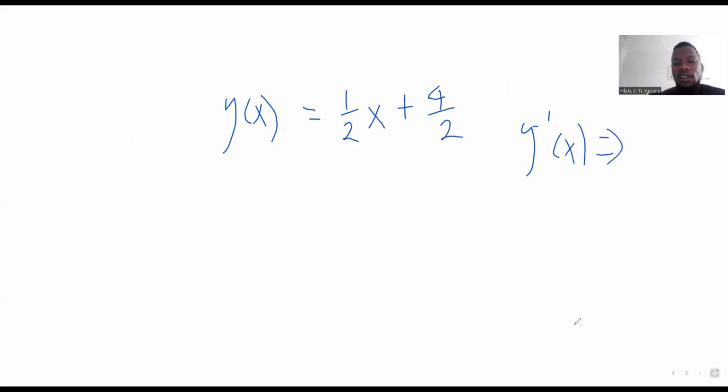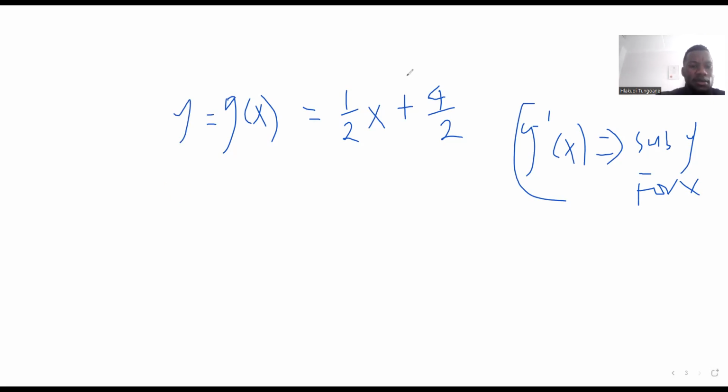So this implies that we sub y for x, and then you rewrite. When you see x, you substitute y, and then you rewrite the equation. Remember the g of x is the same as y equals to this. So you replace y by x, and then you have 1 over 2, where is x, you substitute y, and then you have 9 over 2.